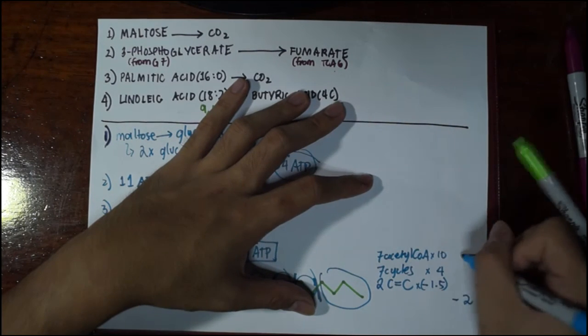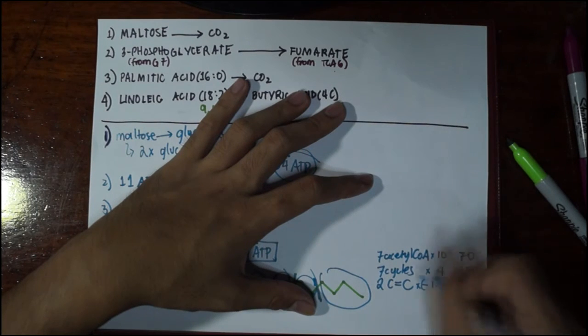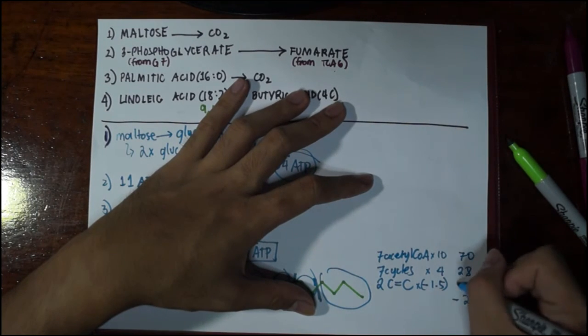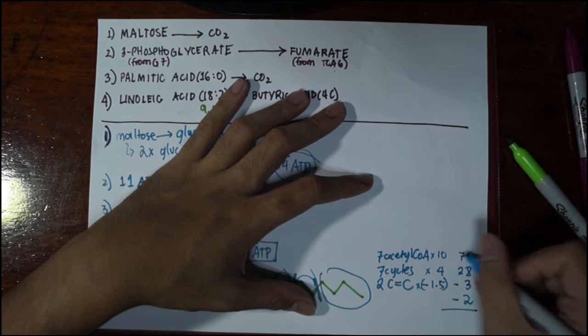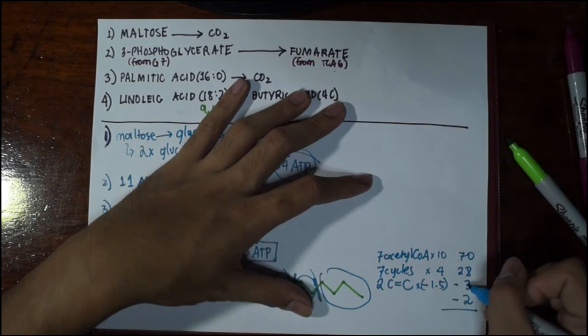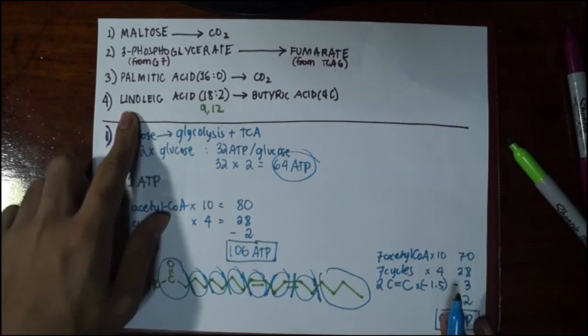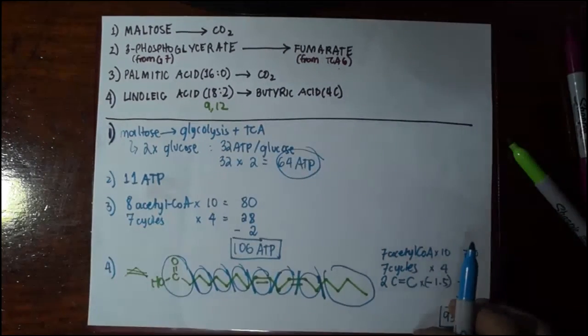So 7 times 10 equals 70, 7 times 4 equals 28, 1.5 times 2 equals 3, so that's negative 3. So we have 70 plus 28 equals 98, minus 3 is 95, minus 2 is 93. So we produce 93 ATP from the conversion of linoleic acid to butyric acid.